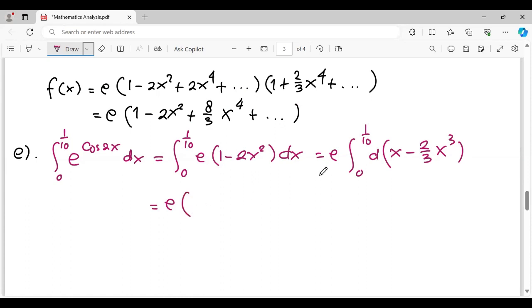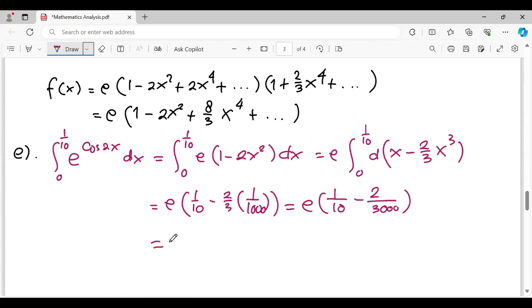After that, e times 1 over 10 minus 2 thirds times 1000. It is 0, 0, and 0. So e times 1 over 10 minus 2 over 3000.